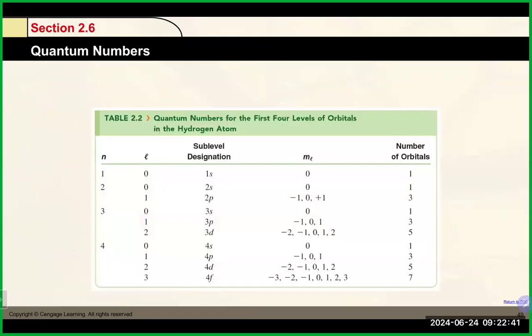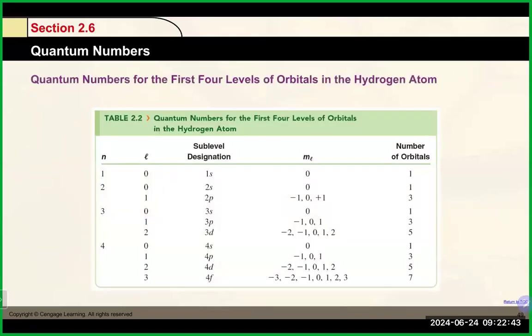All right, so that's what we see here when we look at our quantum numbers and our relationship to our orbitals and our m sub l numbers and our number of orbitals that are present. Now, for example, what happens if we get to n equals 5?